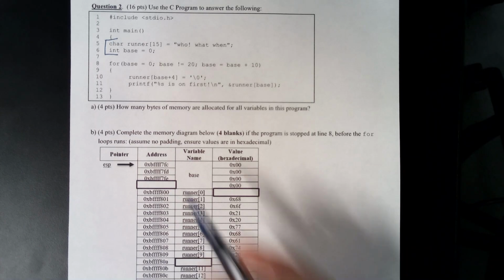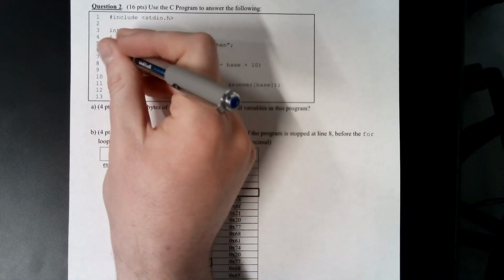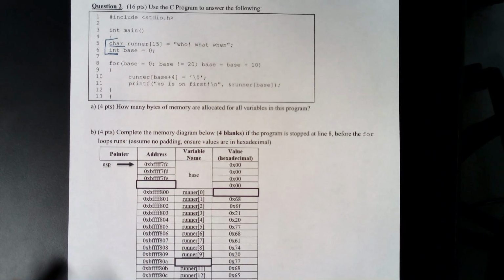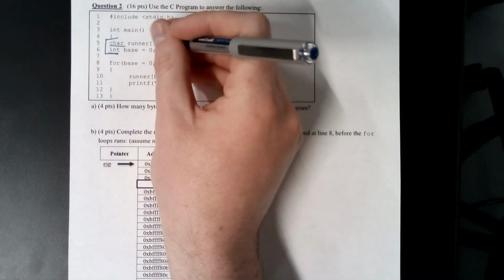So here we are looking at the code and we're basically finding the region where there are types. So char, int, float, etc. that start that line of code. As soon as we're done seeing types at the beginning of the line, we're done counting the variables. So we've got a char 15.